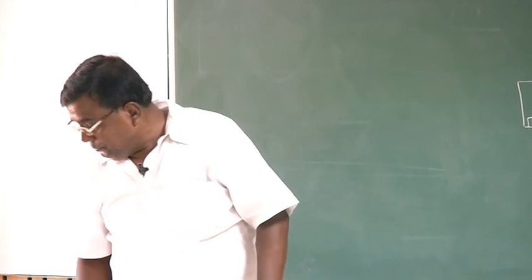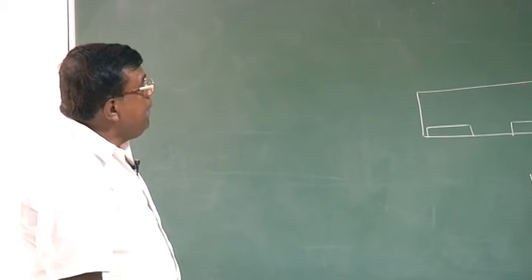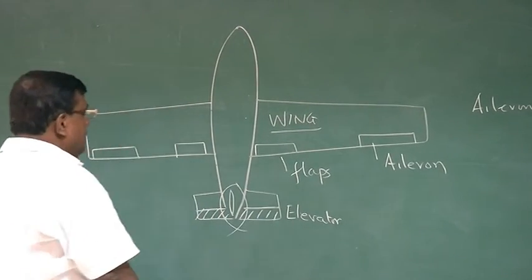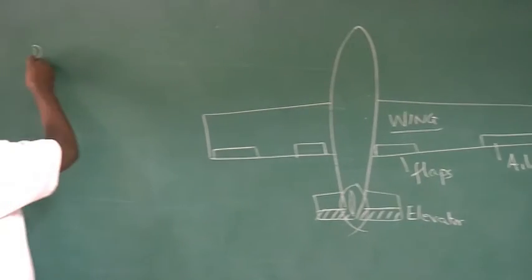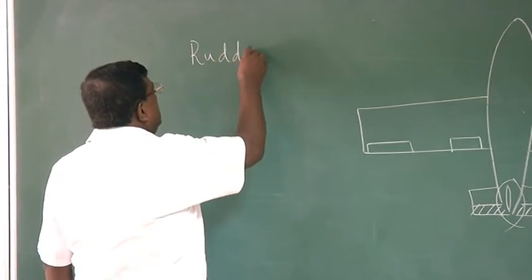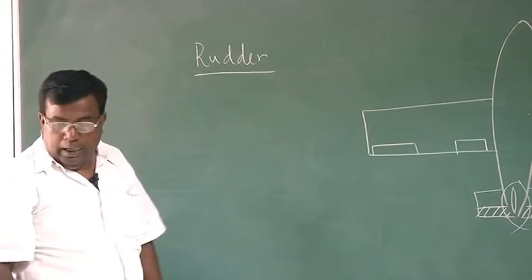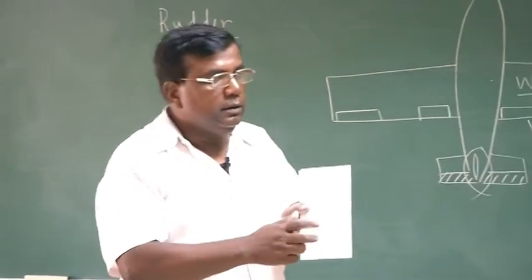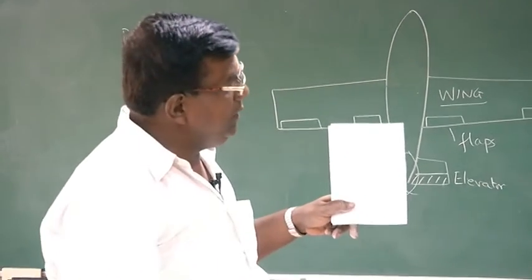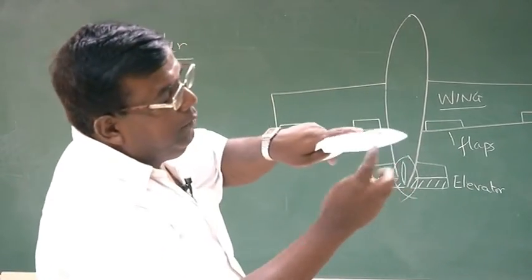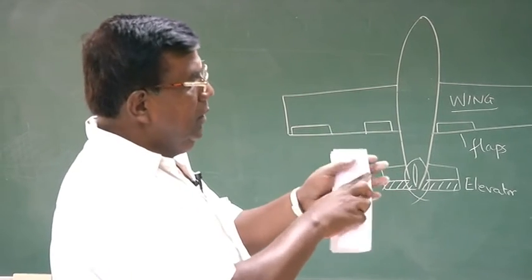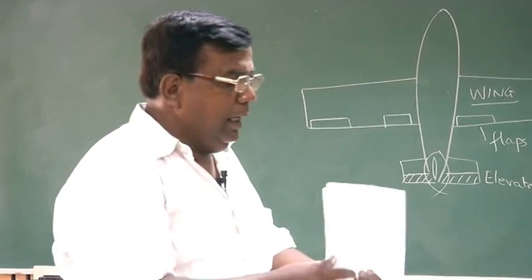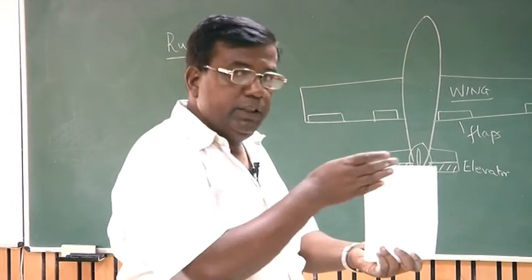Then we have the rudder. Again, you think like this. Suppose this is the vertical surface. See, this is the aerofoil, the vertical surface. And I am going in this direction.